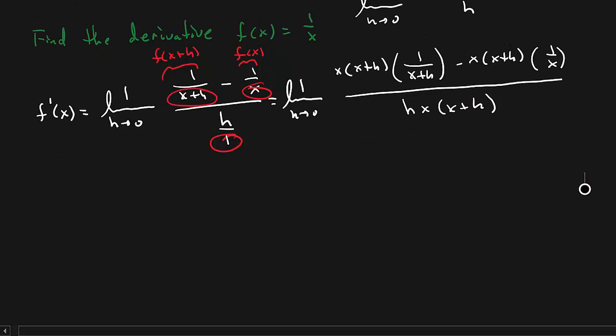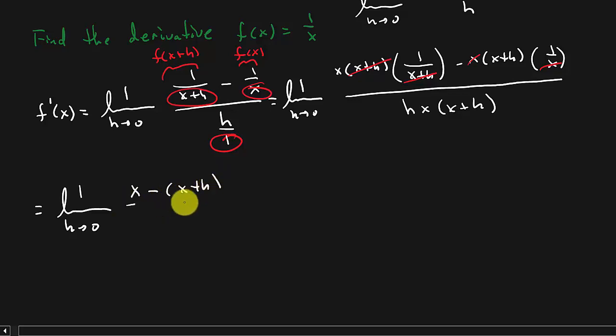And then you can see what happens: the x plus h's cancel here, and the x's cancel here. And so I'm left with the limit as h goes to 0 of x minus x plus h over xh times x plus h.